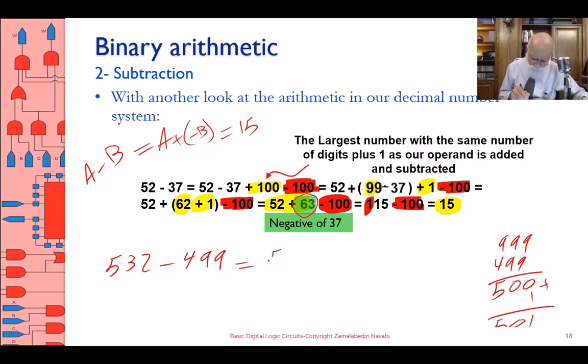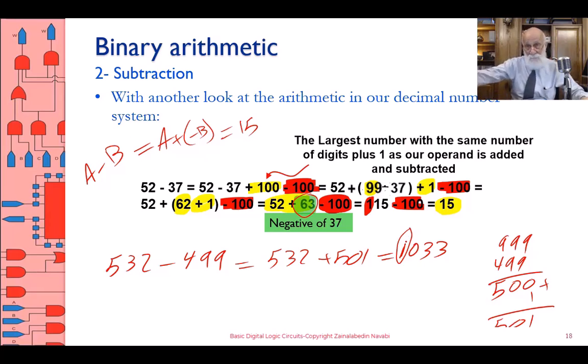So this becomes 532 plus 501. And then the result of the addition is 3 and 3, 10. Okay, or 1, 0. But then we decided that we are not going to be taking this one so seriously, so drop it. And therefore what I have is the result of this subtraction.